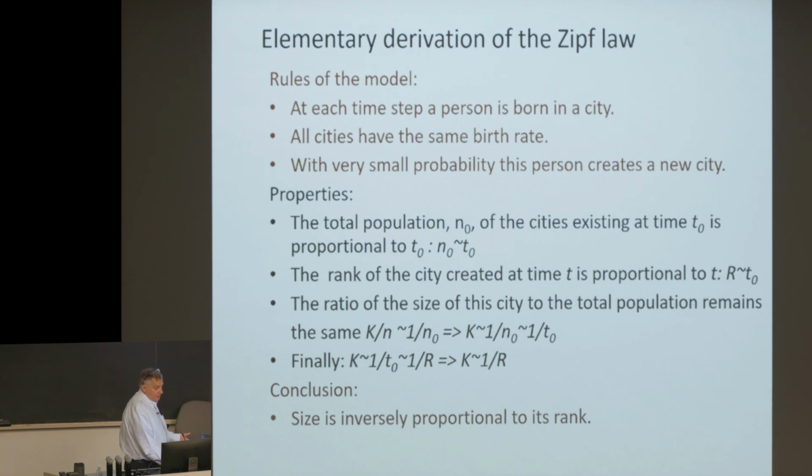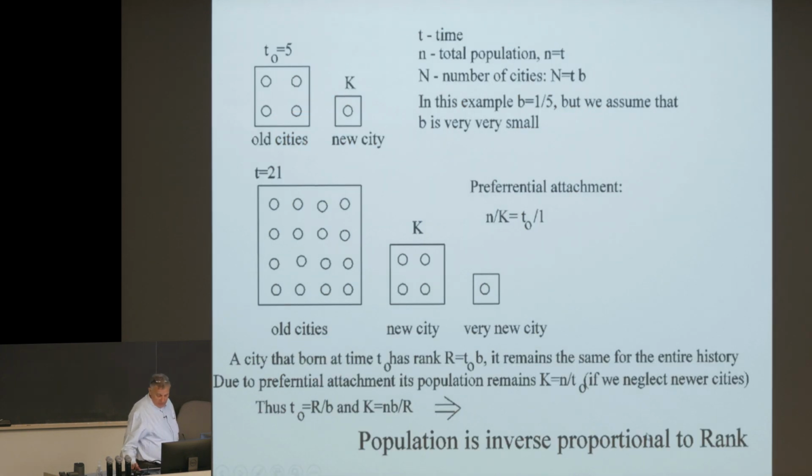But also, with a very small probability, a person who is born in this particular city can form another city, some kind of entrepreneur or traveler, a great person who can create a new city in a totally different place.